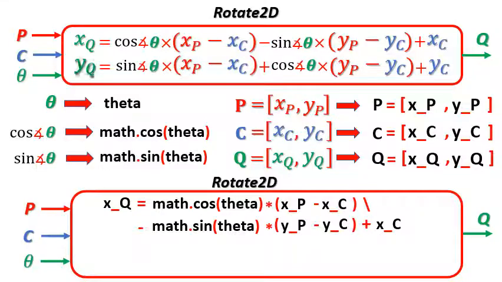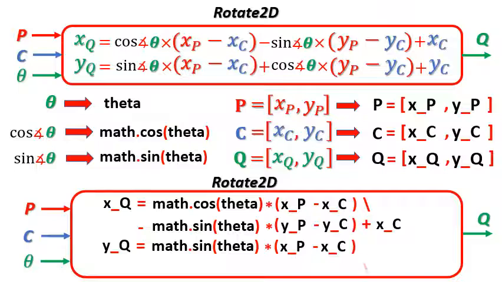Also, we have yq equals math.sin of theta times xp minus xc, line break, plus math.cos of theta times yp minus yc, plus yc.